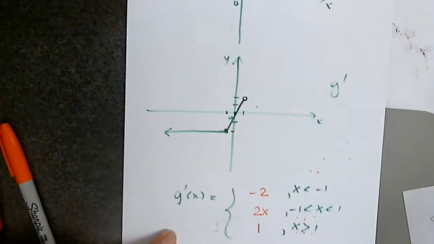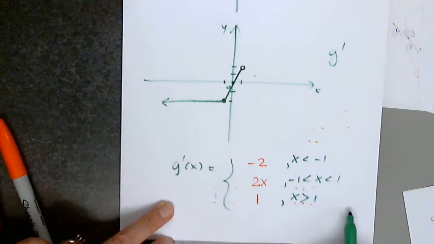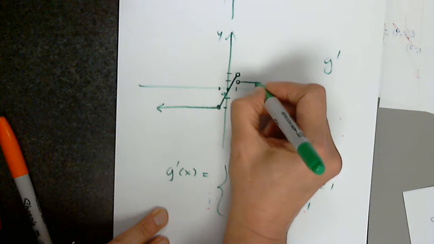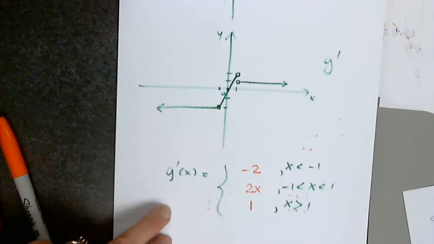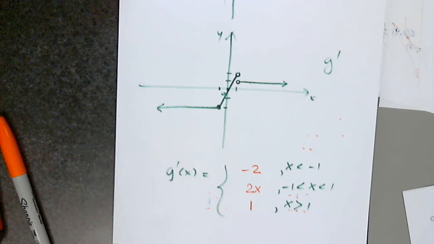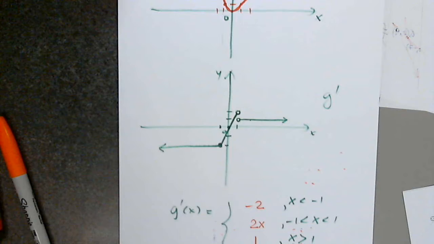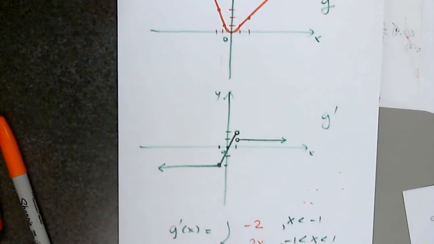However, between 1 and infinity, here's the graph of the derivative. What do we conclude about g? One more time. I know we already said it last time, but what is our conclusion now?